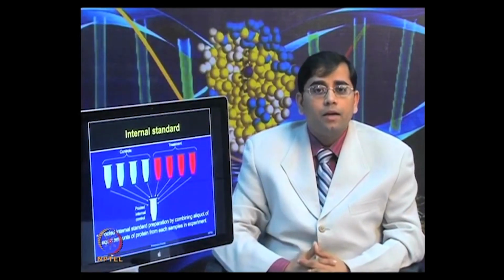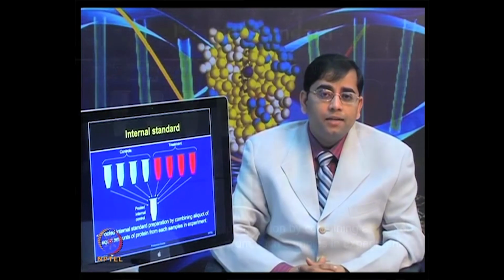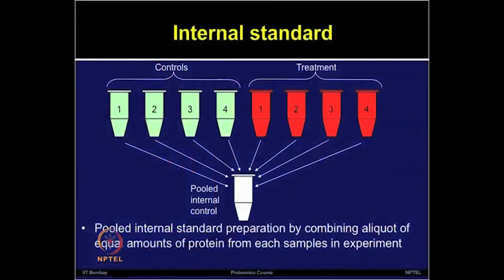I am taking a very simple case here, where you have 4 healthy controls and 4 patients suffering from a disease. So, to represent all the proteins present in each of these samples in healthy individuals and diseased patients, first you need to make an internal pool which is representative of all of these 8 samples.